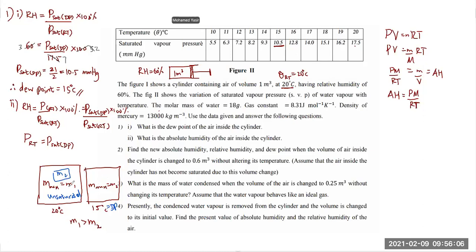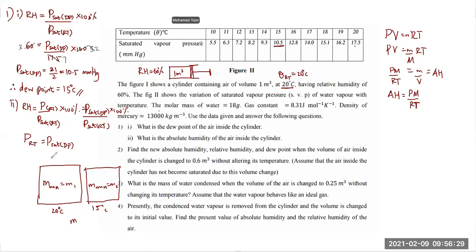So at 20 degrees Celsius, the unsaturated vapor will have M2 mass. If the mass of unsaturated vapor is M2, you can decide that on that day this should be the dew point, depending on the mass of water vapor we have in the unsaturated vapor. That is what this equation means.